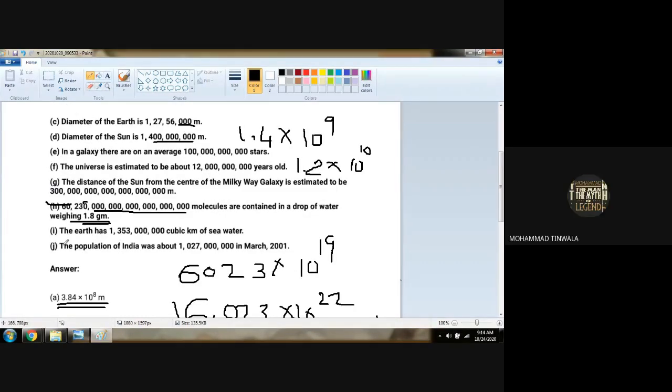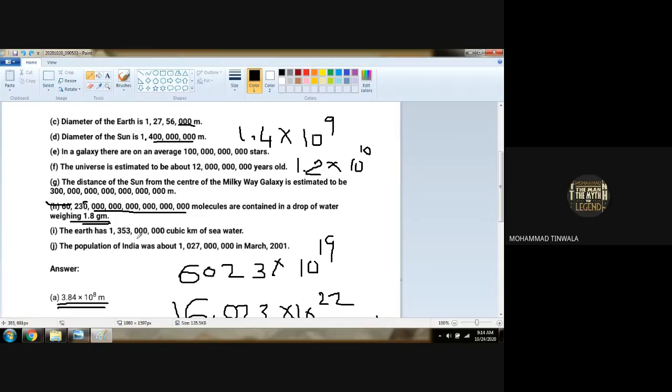Now the earth has 1353,000,000,000 cubic kilometers of sea water. Who will give me the answer for this? 1.353 into 10 raised to 9. Very good, girl.